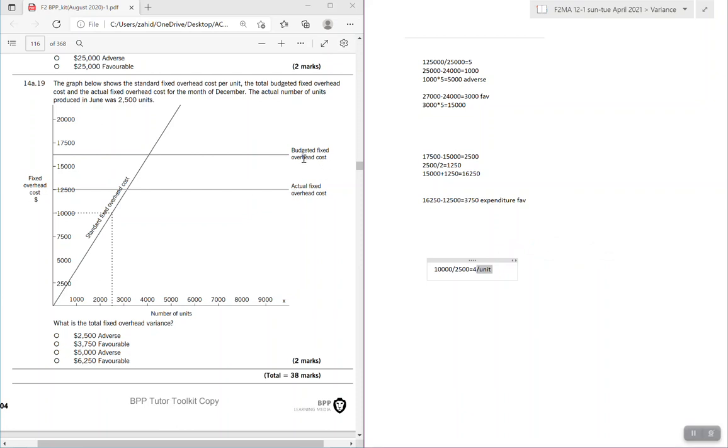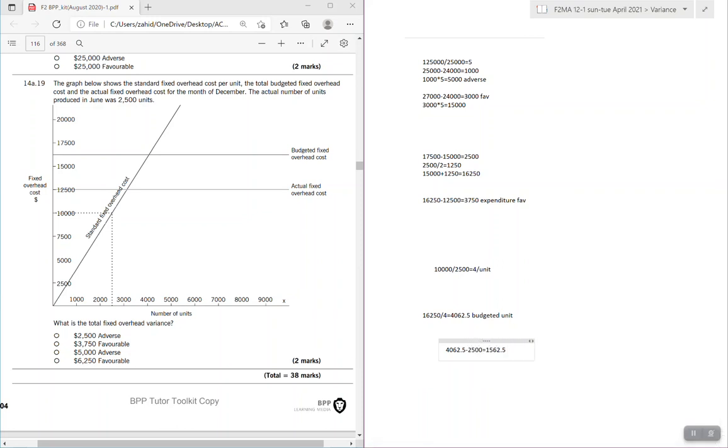Now if you take the budgeted fixed cost that is given, which we calculated as 16,250, and divide by this 4, it would mean that 4,062.5 was budgeted units. Because budgeted overheads divided by budgeted units will give you OIR. Budgeted overheads divided by OIR will give you budgeted units. So units budgeted were more, actual is less, so volume would be adverse.